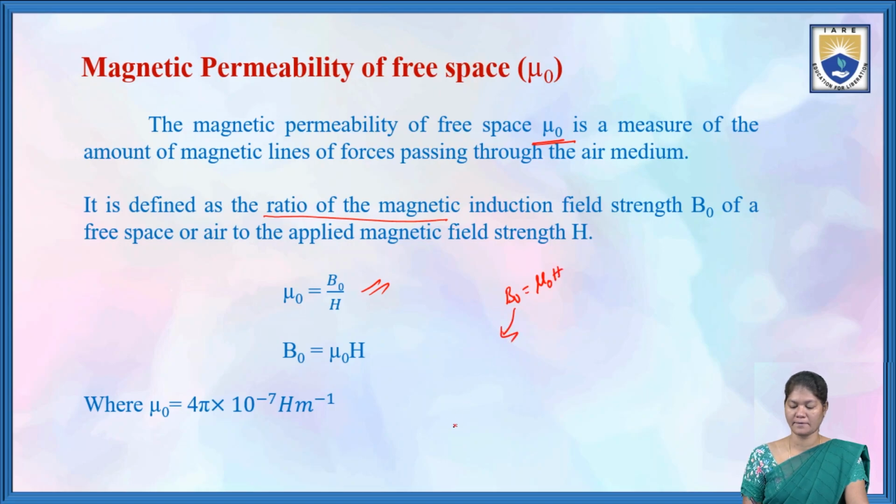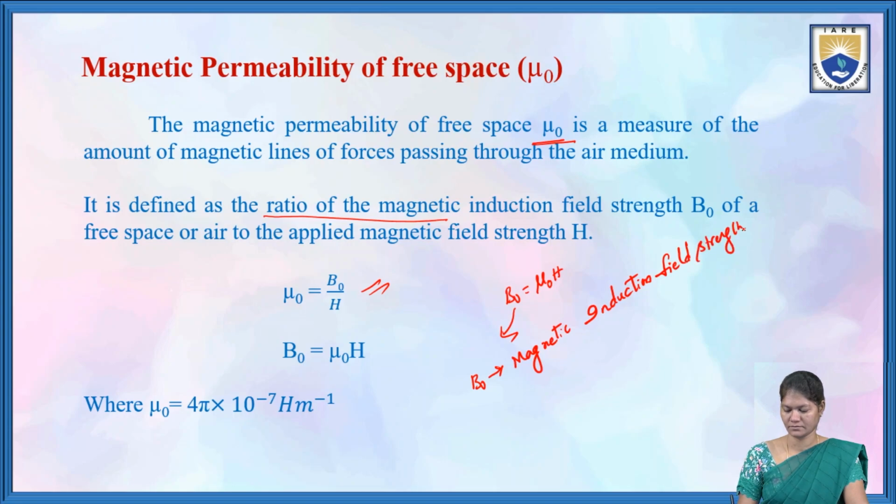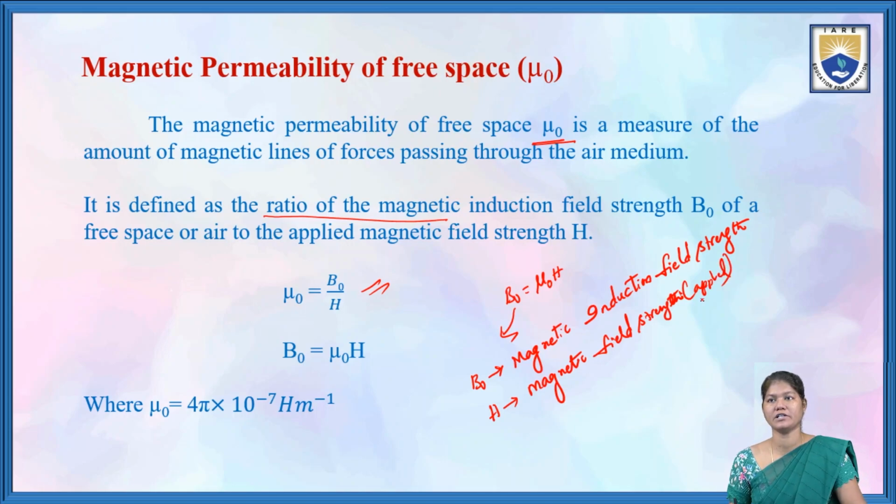What is this B naught? This B naught is the magnetic induction field strength, and H is the applied magnetic field strength.